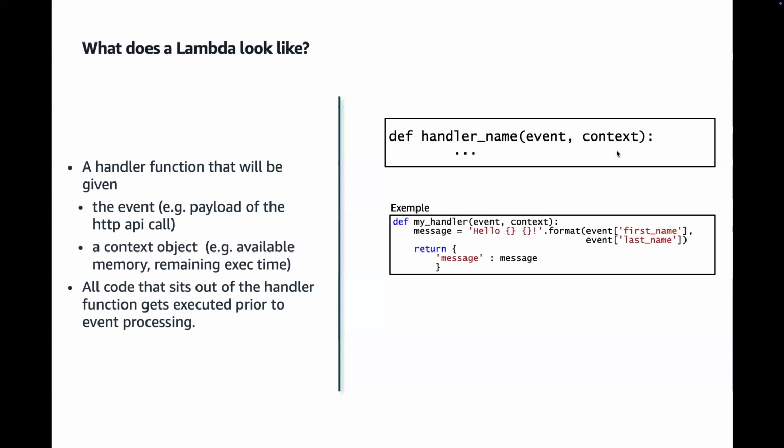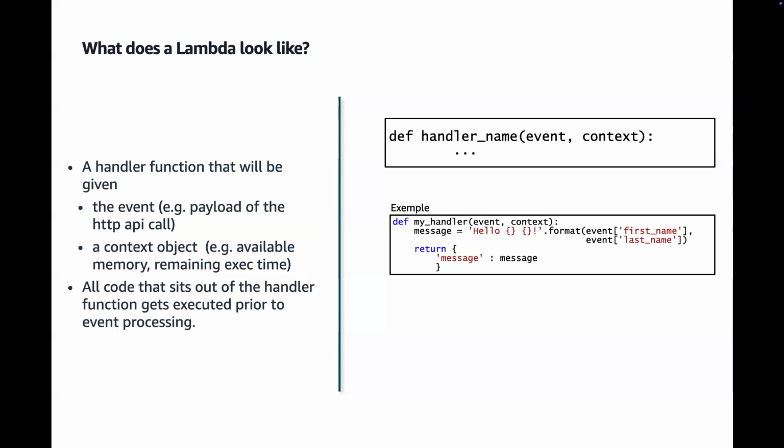When we have Lambda, we need to adapt the code of our application to work with Lambda. Lambda expects an application to have a handler function, which is the function that the Lambda environment will call, and it will pass an event and a context.